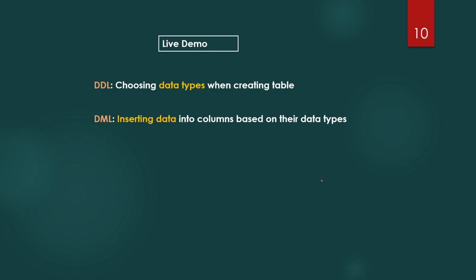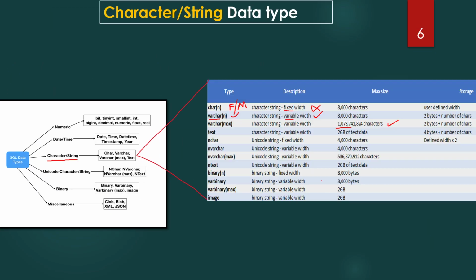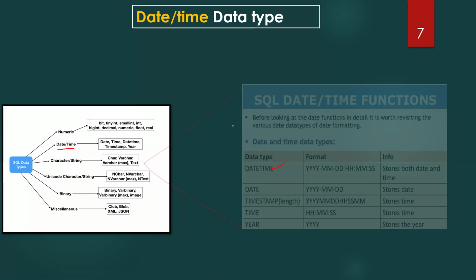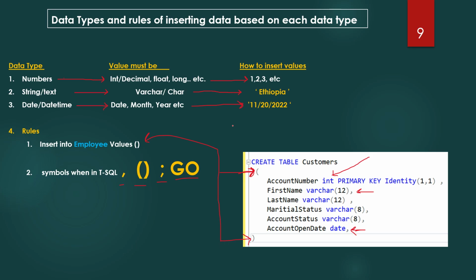I showed you earlier, once the column is decided, number, the person picks integer here. That's why you see integer, and then first name varchar. Some first names are shorter and some are longer, but we want the maximum to hold 12.